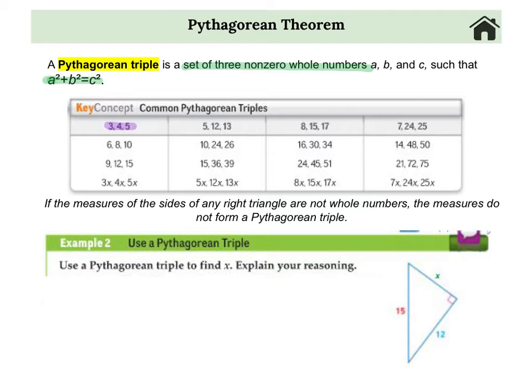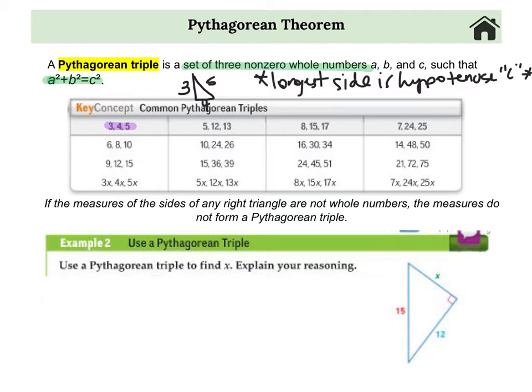The most common one that you most likely have seen before is a 3, 4, 5 triangle. Anytime you hear something referenced as a 3, 4, 5, it's just talking about the side length. That's a Pythagorean triple. The longest side is always going to be your hypotenuse, or c.